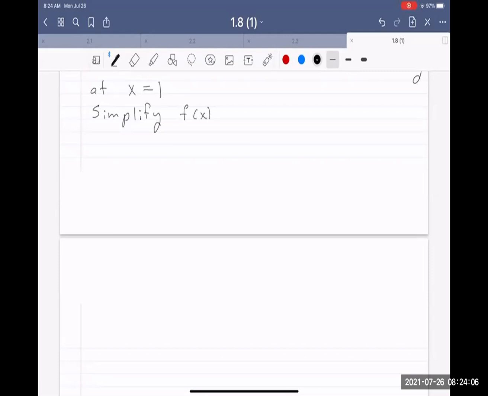Well, for x not equal to 1, I know that f of x is, well, we did this before, just equal to x over x plus 1.